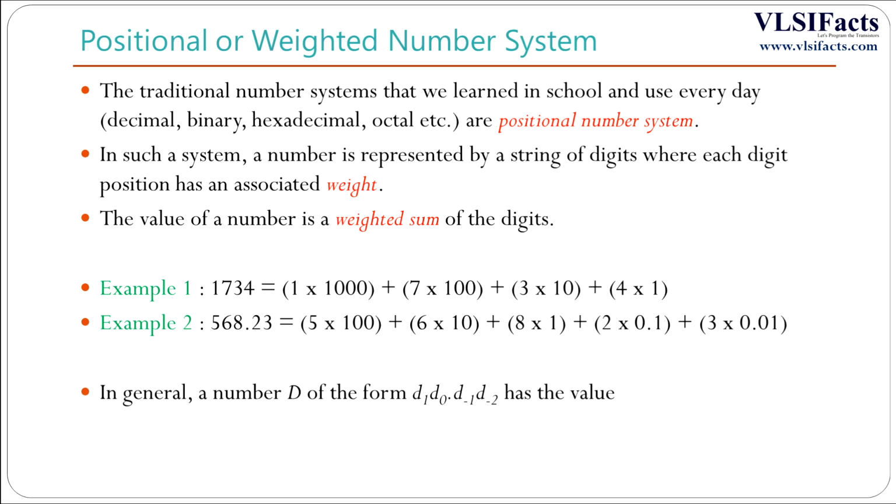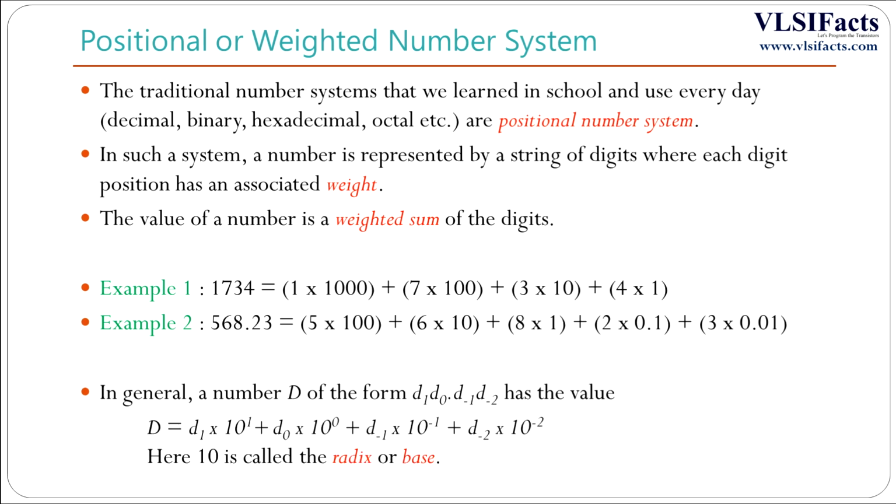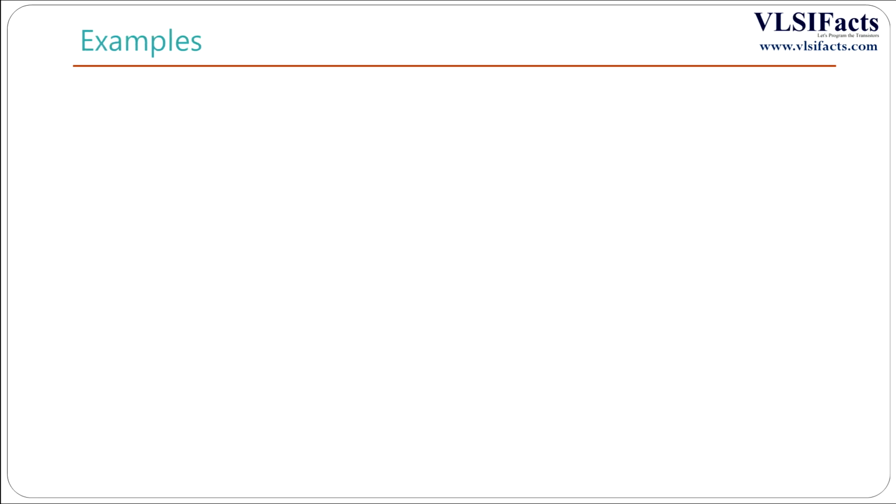So in general, a number capital D of the form small d1, d0, point d minus 1, d minus 2 has the value d1 into 10 to the power 1 plus d0 into 10 to the power 0 plus d minus 1 into 10 to the power minus 1 plus d minus 2 into 10 to the power minus 2. Let us solve few examples.